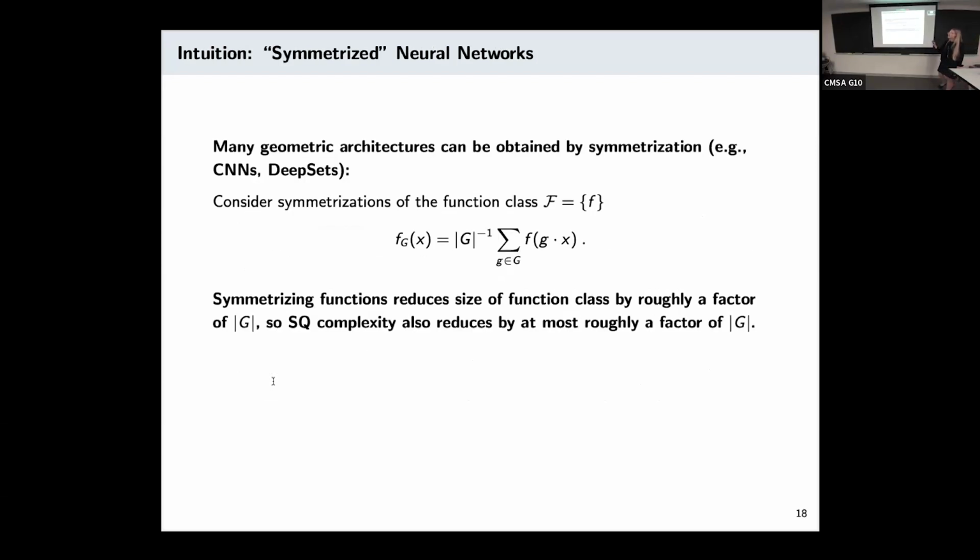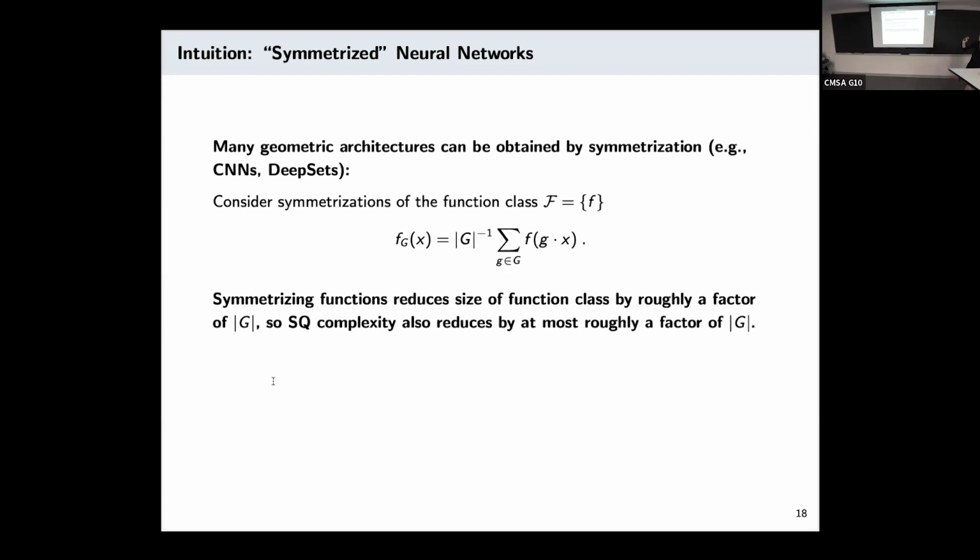Yes, so symmetrized neural networks. A lot of the geometric deep learning architectures, including some that we mentioned earlier, like convolutional neural networks or deep sets, which was the permutation-invariant architecture for set structured data, can essentially be understood as symmetrizing a more general function class. Symmetrizing in the sense that we apply a group average, like what is written here, to restrict our function class.